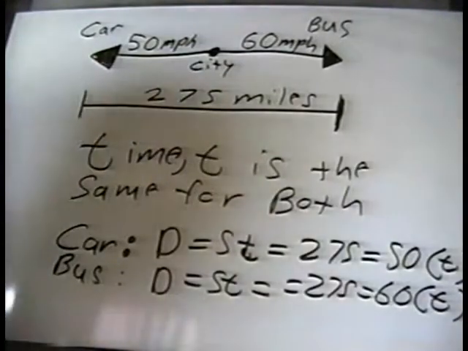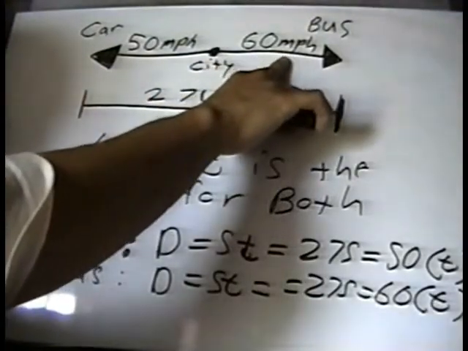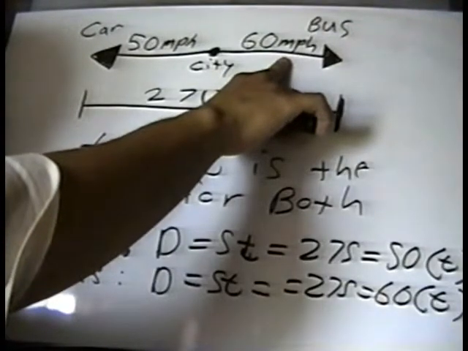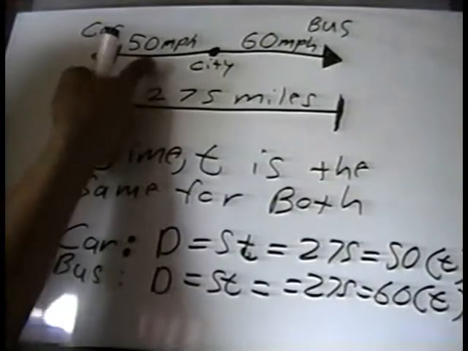Okay, so now that we have this information, so we have a chart, D equals ST, we're going to use this information. We know, of course, the time is going to be the same for both, but we don't know it yet.